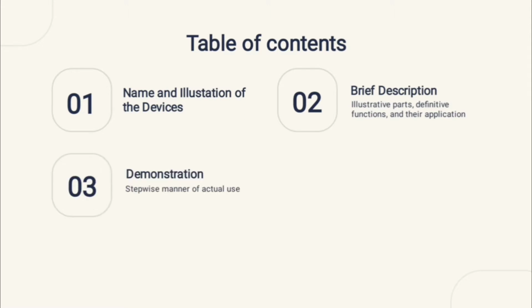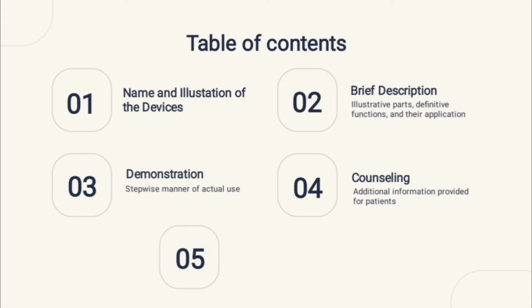A stepwise manner of actual use of the device. Fourth is the counseling or additional information provided for patients who are using the device. And lastly, new device research, which is antibiotic bone cement.